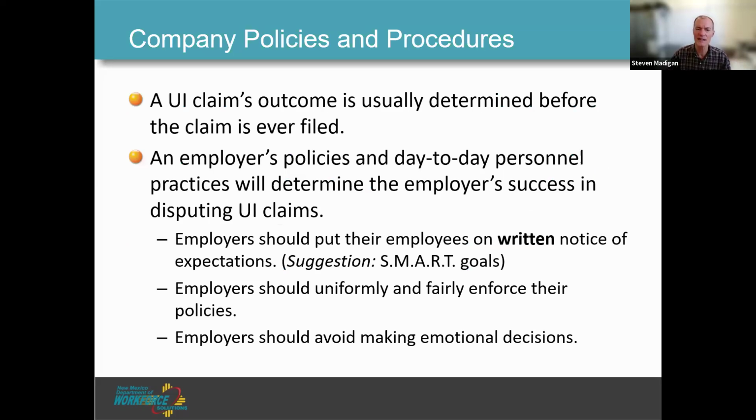All right, company policies and procedures. So you may have heard, and maybe not, but oftentimes a claim's outcome is determined before the individual even applies for benefits. So your policies and what happens day to day in your business, your personnel practices, oftentimes do determine your success in disputing an unemployment insurance claim.